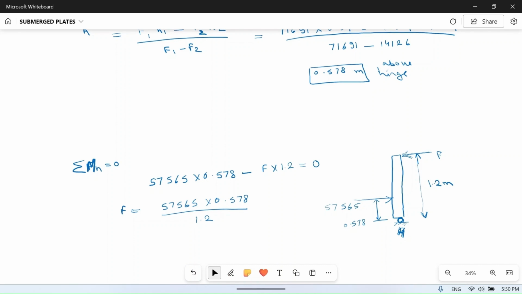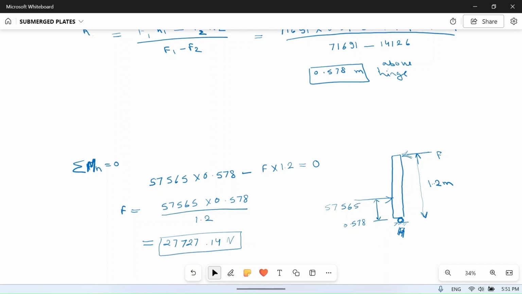If you calculate this, you will get the resultant force 27727.14 Newton. So you will need this much force to open this sluice gate.